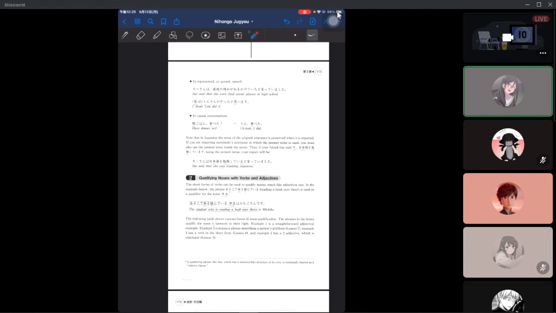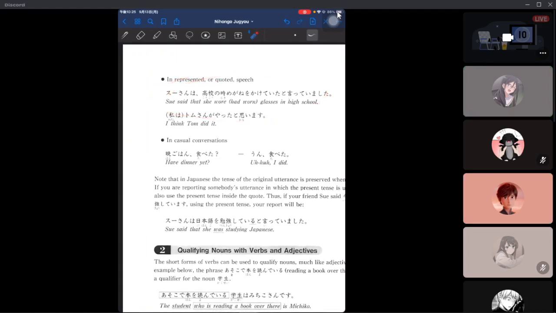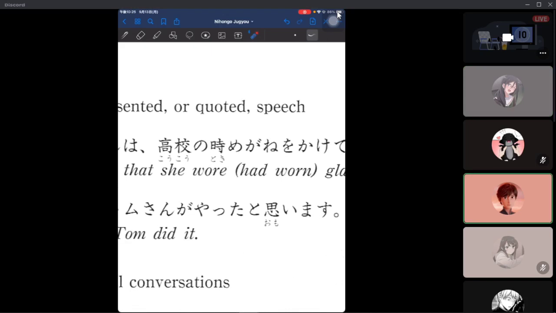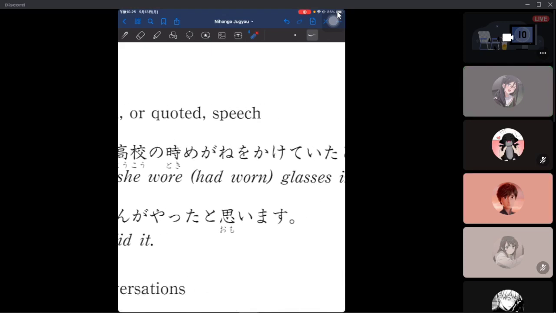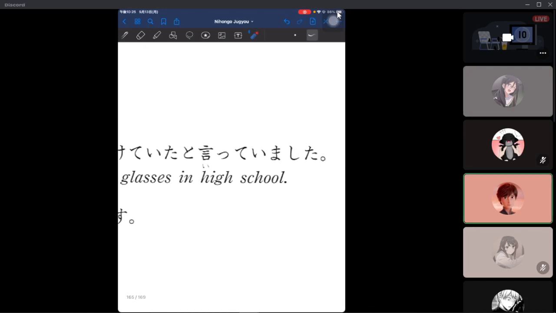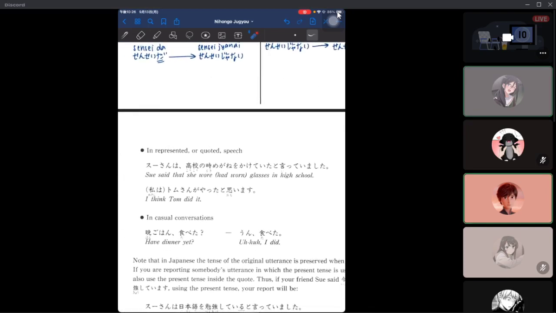Okay, so I guess we'll do a bit of reading practice over here. Anyone wants to try? スーさんは高校の時メガネをかけていたと言っていました。That is correct.